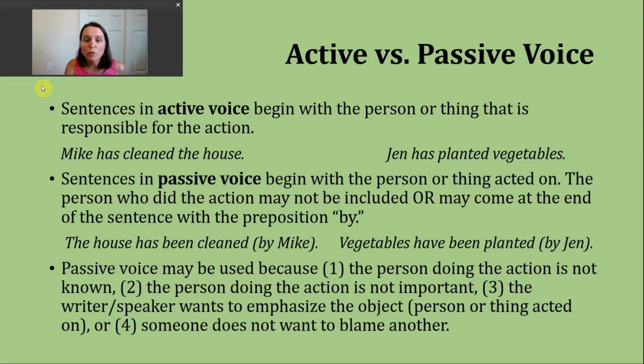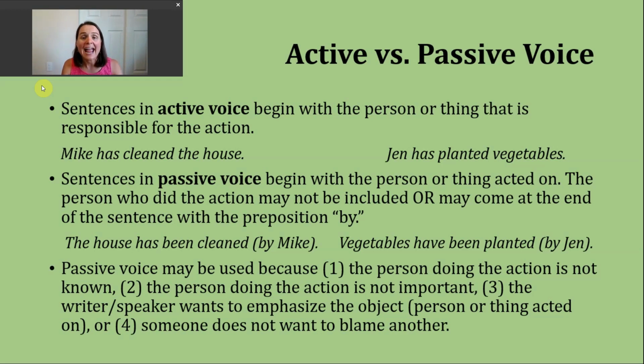Sentences in the passive voice, though, are going to begin with the person or the thing that has been acted on or that has received the action. In a passive voice sentence, the person who is responsible for the action, they might not be mentioned at all. Or if they are included, it's going to be at the end of the sentence after the preposition by.